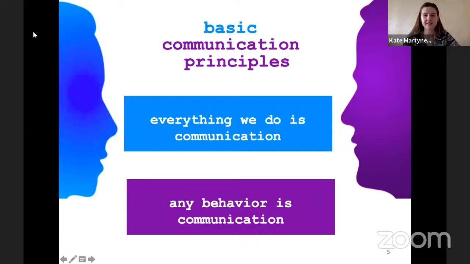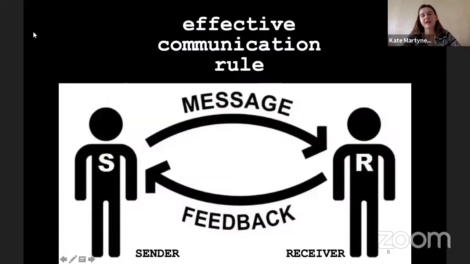Let's continue. We defined the communication. So now it's time to learn something about the effective communication rule. You can see that usually communication is done by two people, the sender and the receiver. The sender sends a message, the receiver receives this message, and the receiver gives the feedback.